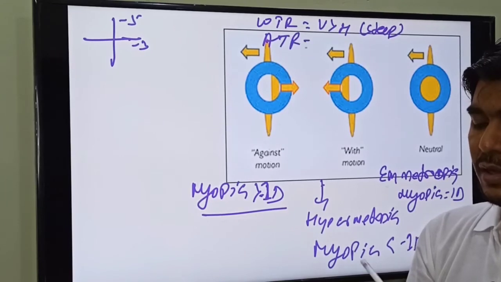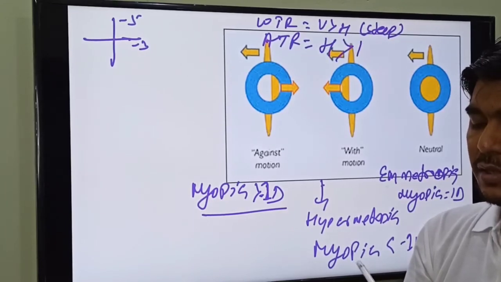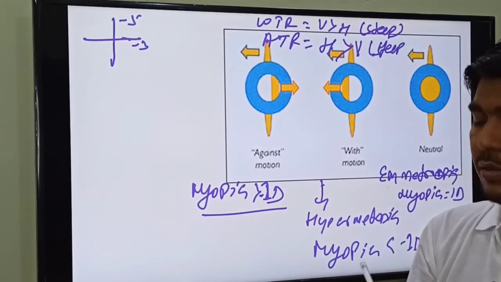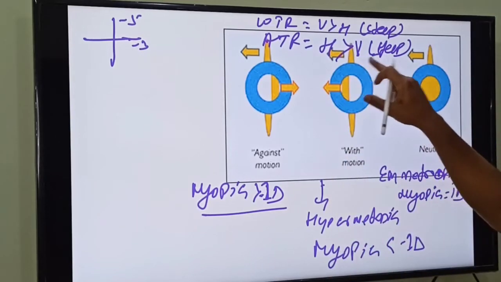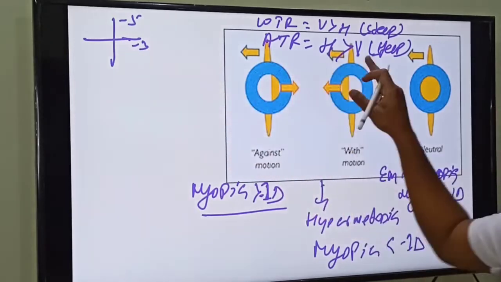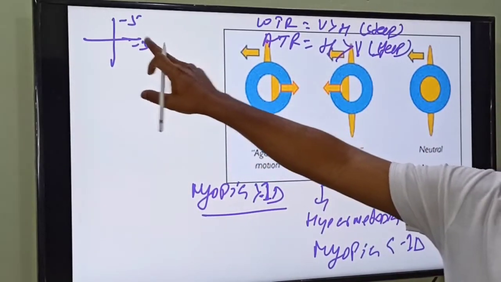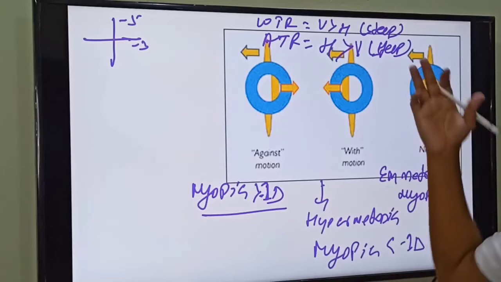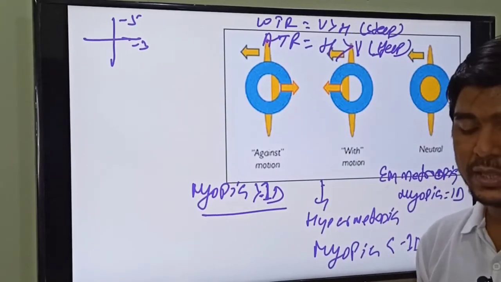When the horizontal axis is steeper, more curved, than the vertical axis. Then it is against the rule. So it is a simple thing.